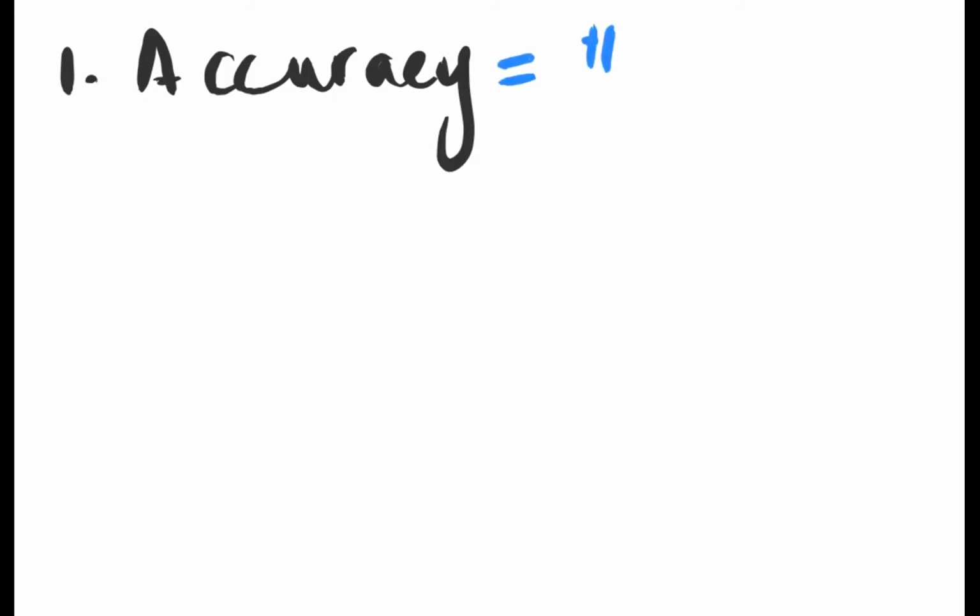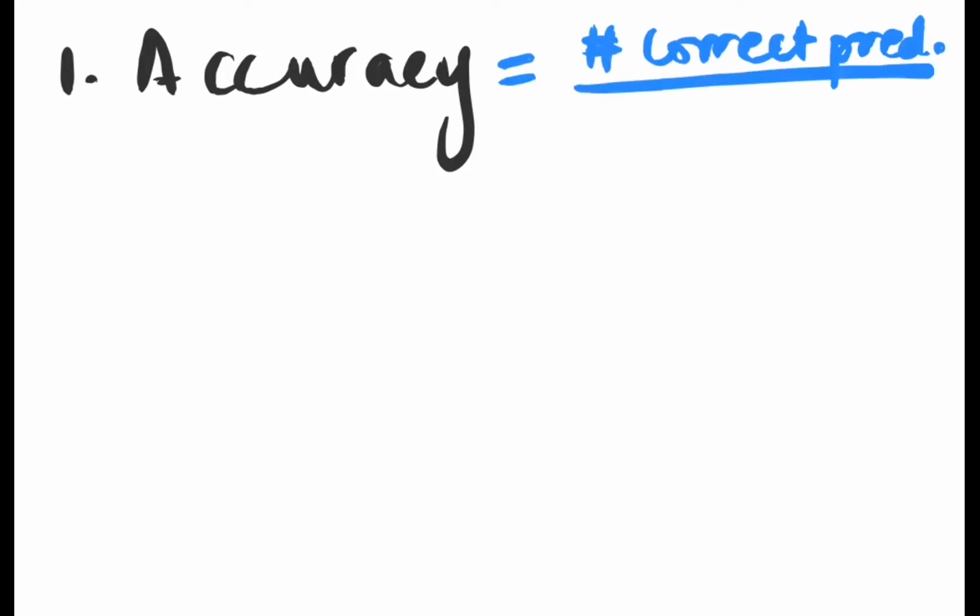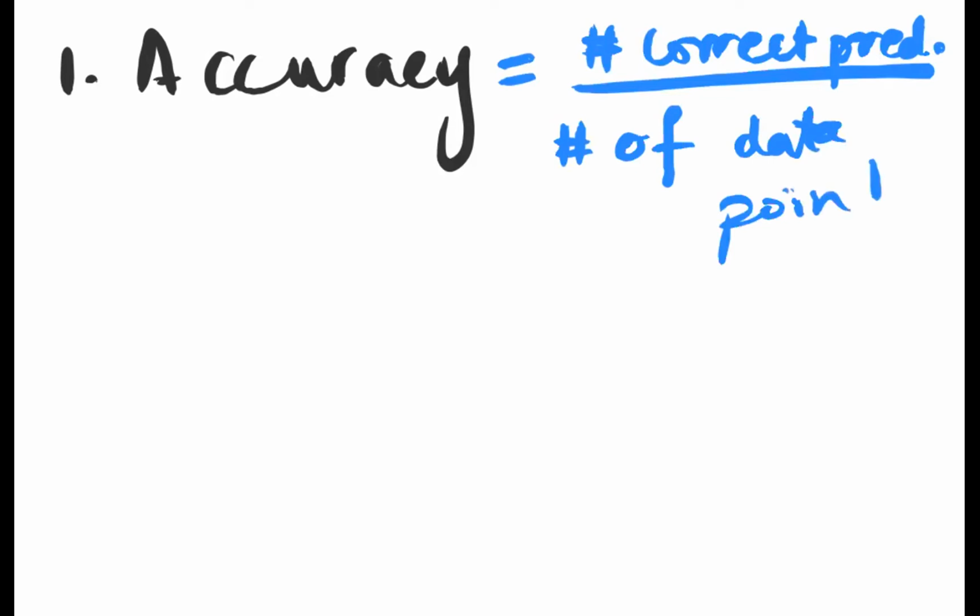You could say it is the number of correct predictions, I'm using shorthand, pred means predictions, divided by the total number of data points. For example, if we had 1000 spam emails, just an example. It's quite simple, I should not even give an example, because we will run short of time.